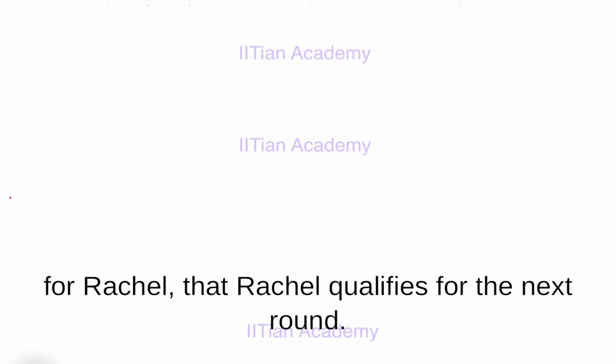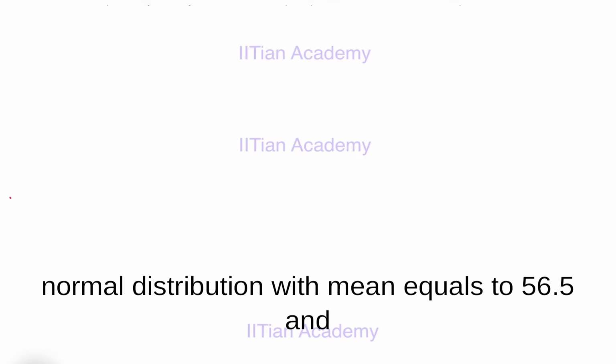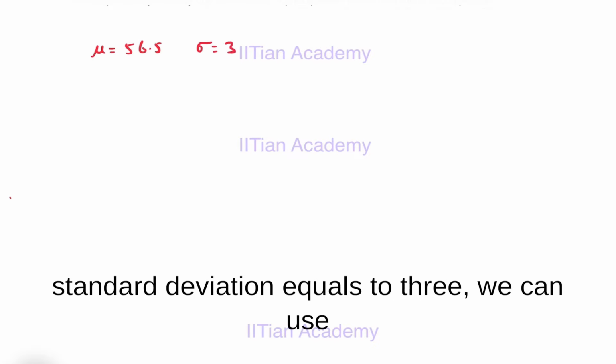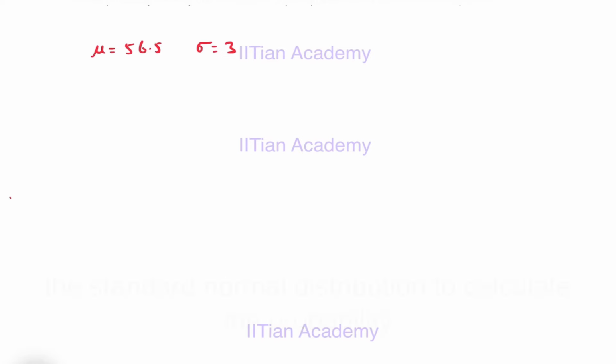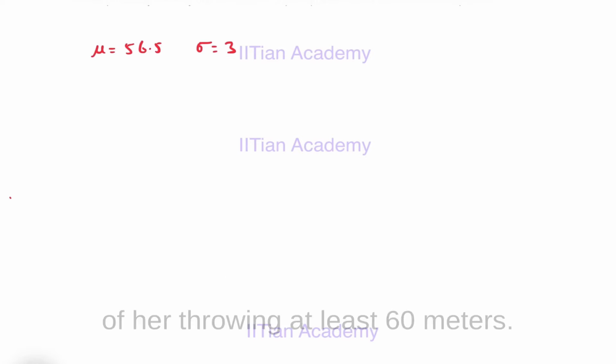Let's first do it for Rachel, that Rachel qualifies for the next round. Since her distances can be modeled by a normal distribution with mean equals 56.5 and standard deviation equals 3, we can use the standard normal distribution to calculate the probability of her throwing at least 60 meters.